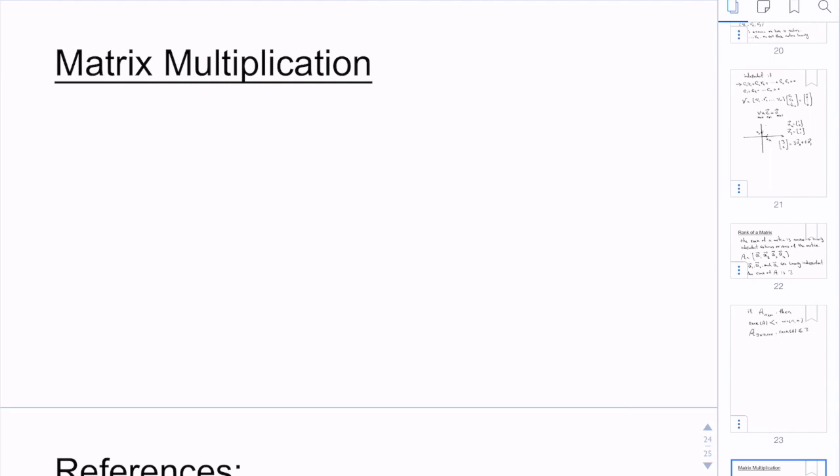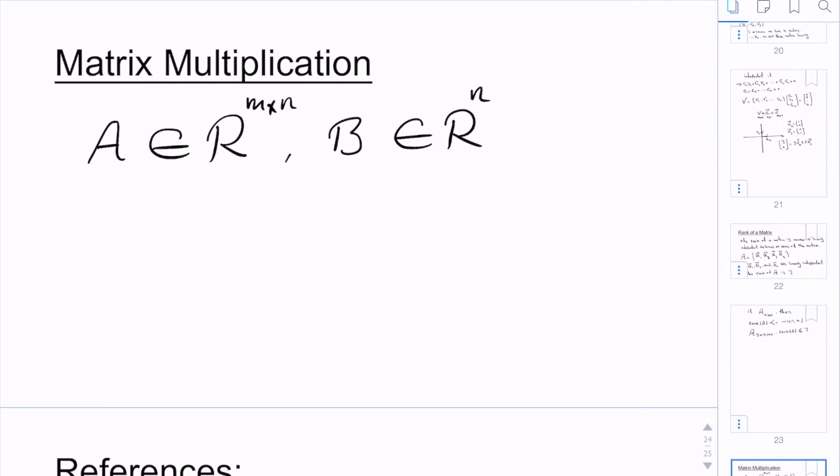But here I just wanted to have a vectorized view of matrix multiplication, and also provide a simple formula for how to compute it. So let's say A is a matrix that belongs to m by n, has m rows and n columns, and B is another matrix with dimensions n by p.